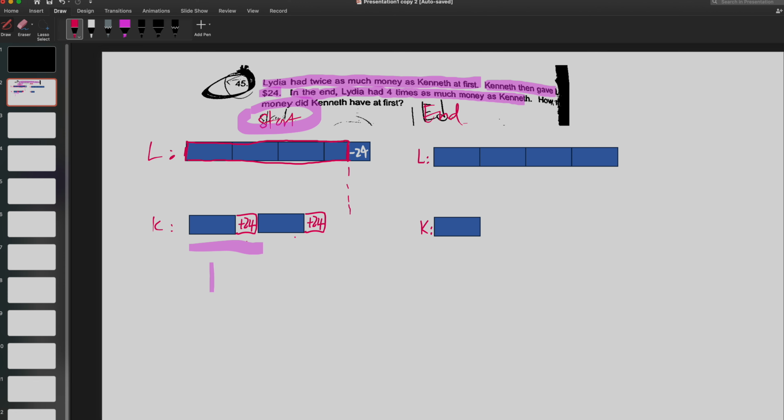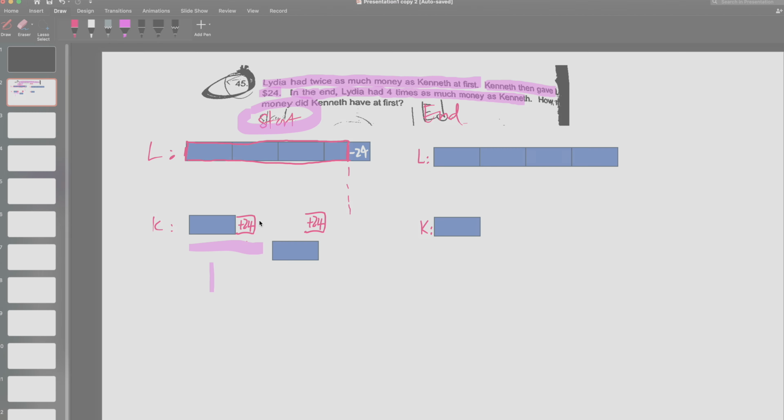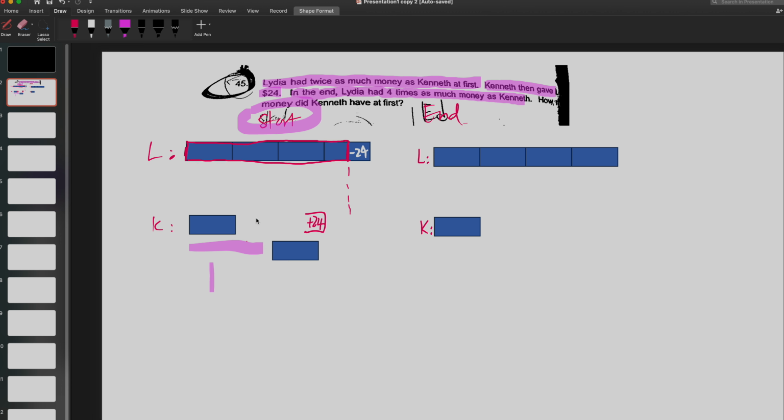So what you can do here is you can actually adjust the 24 a little bit, plus 24 a little bit. So what I usually do is this. Alright, so move this back and then put 24 here.